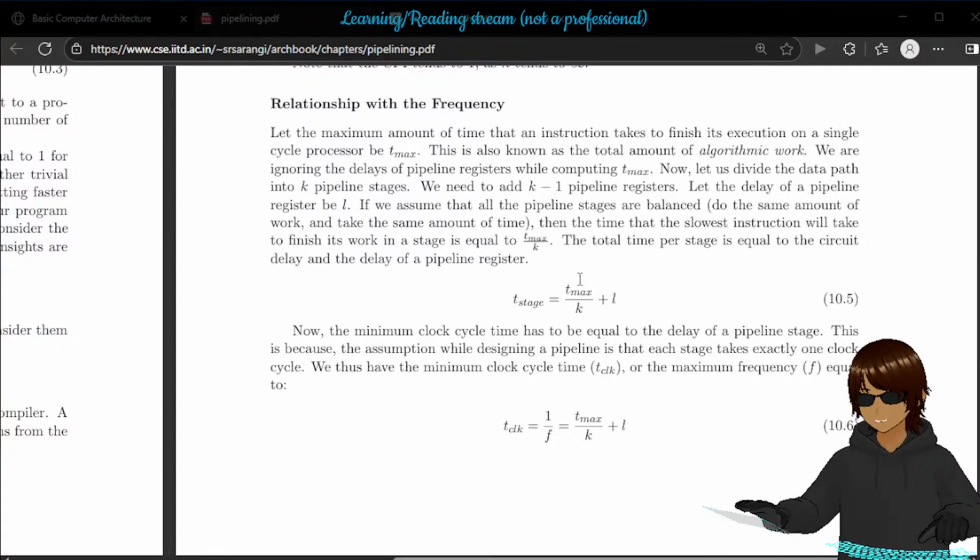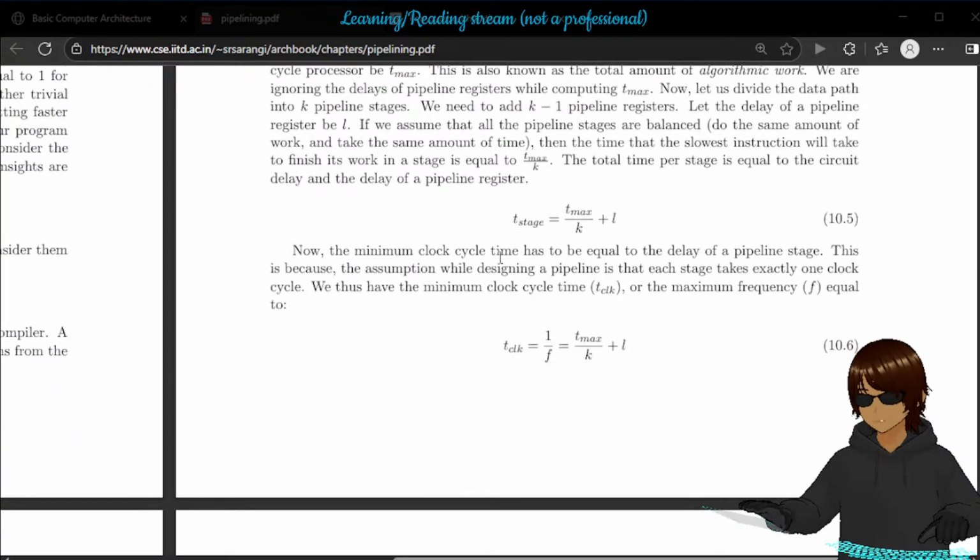T stage is equal to T max divided by K plus L. Now the minimum clock cycle time has to be equal to the delay of a pipeline stage. This is because the assumption while designing a pipeline is that each stage takes exactly 1 clock cycle. We thus have the minimum clock cycle time, 1 over F, equal to T max divided by K plus L.